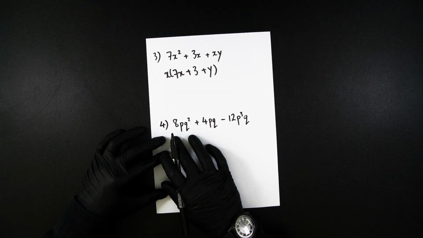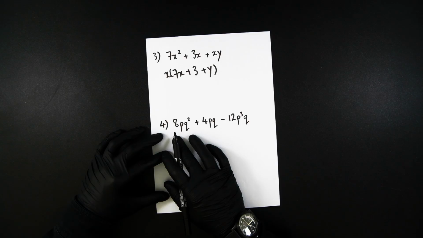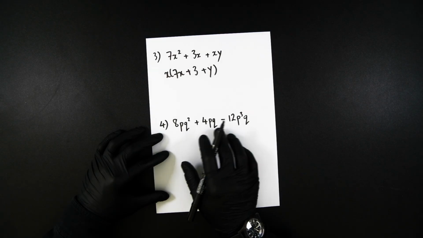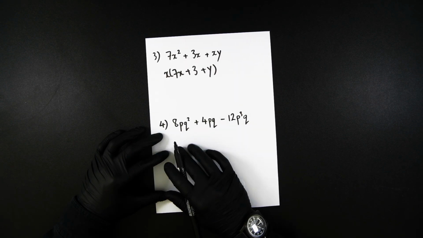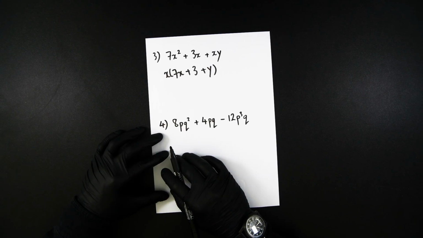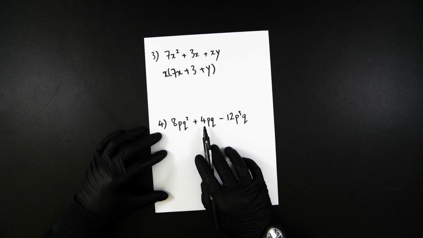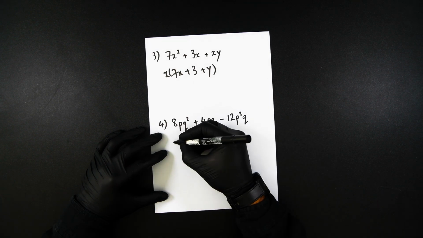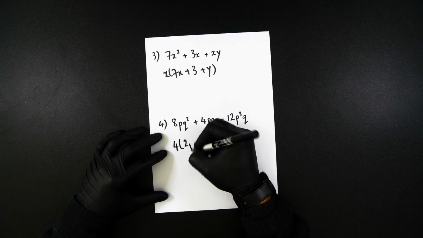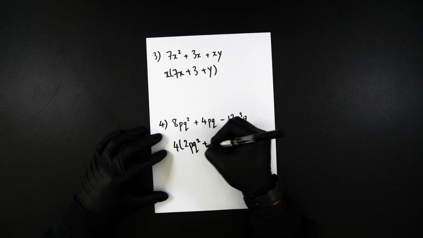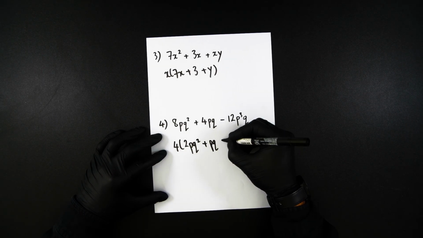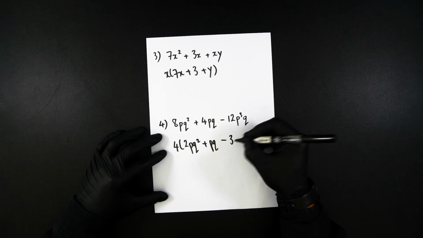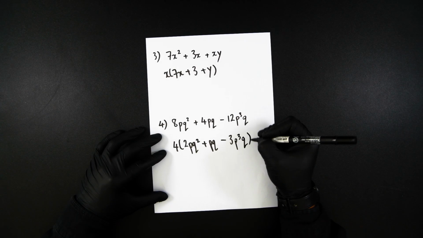Let's do this again for the last time, but this time we have multiple variables that we don't know and numbers that can be factorized. So you should be able to see that 4 is the common factor between each of these numbers. So if we pull 4 out, we're going to get 2pq squared plus pq minus 3p cubed q.